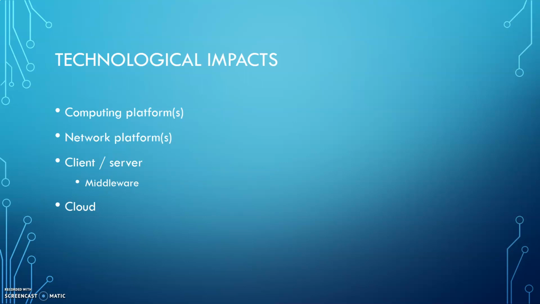Some other things that can have an effect on a system would be what are the underlying computing platforms? Now, one of the things that the book does get into is mainframes, and I want you to not think of, and I'll admit this myself, I used to think of mainframes as being these old antiquated things, and our job was to replace them. Oh my God, they're the most powerful computers in the world.